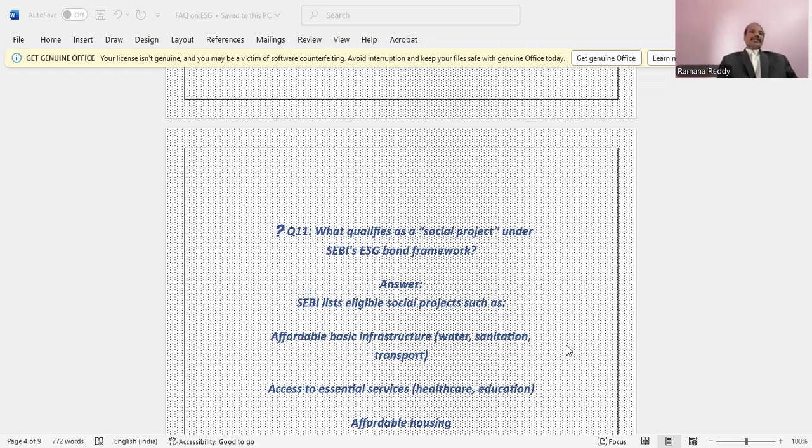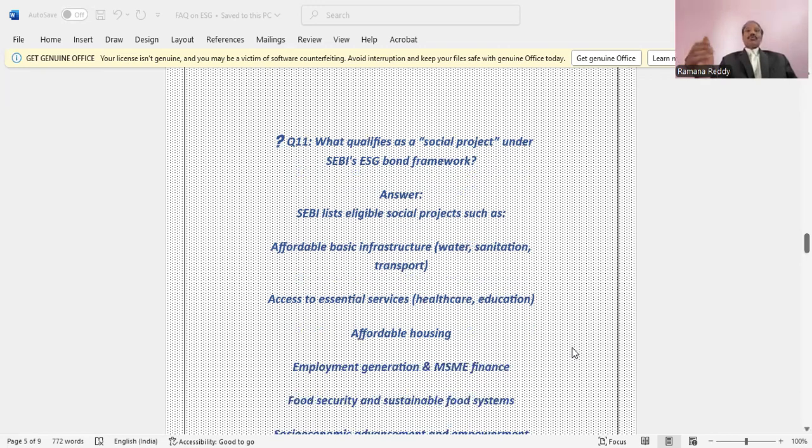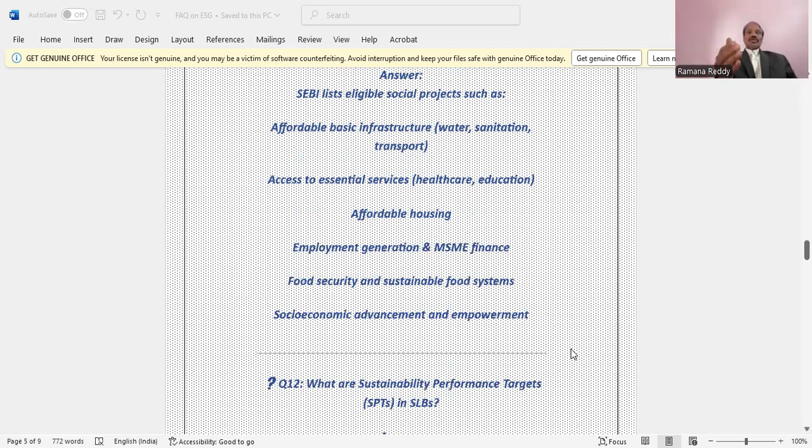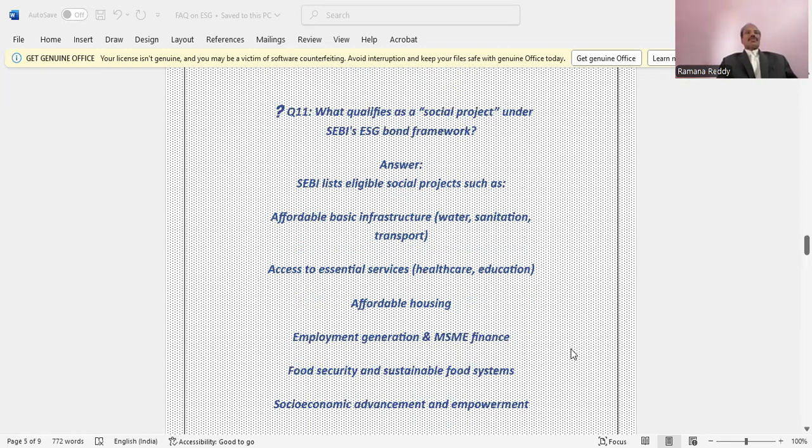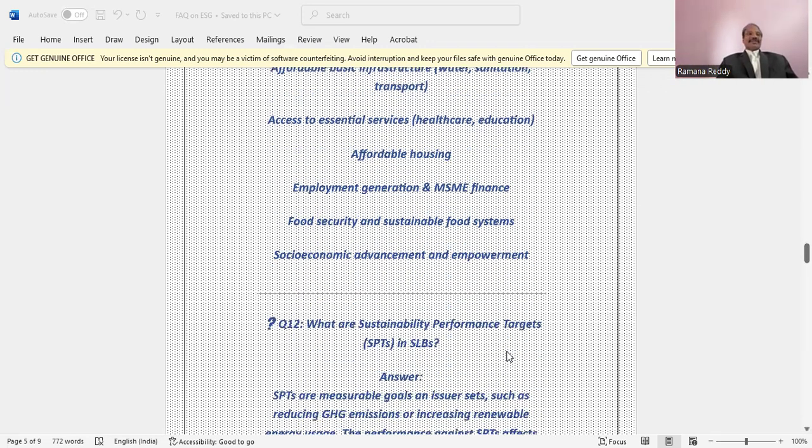SEBI lists eligible social projects such as affordable basic infrastructure like water, sanitation, transport, access to essential services, healthcare, education, affordable housing, employment generation, MSME finance, food security and sustainable food systems, socio-economic advancement and empowerment.